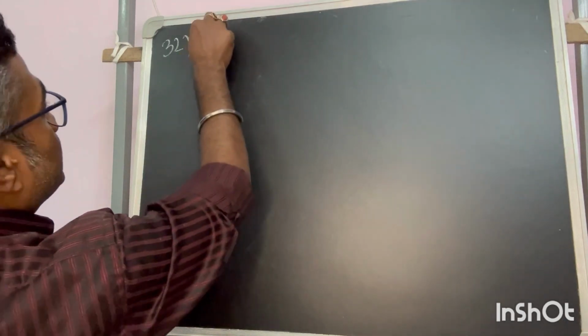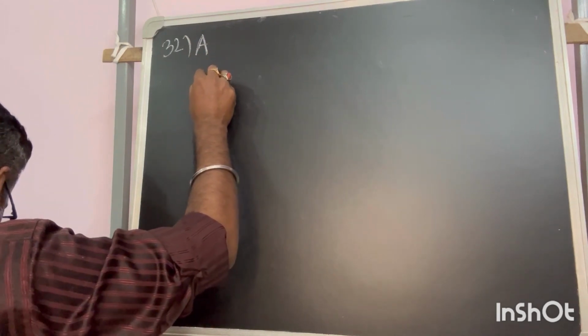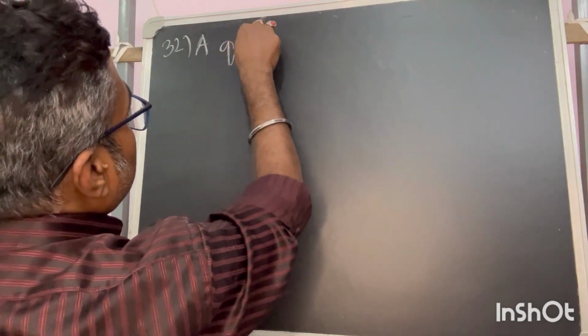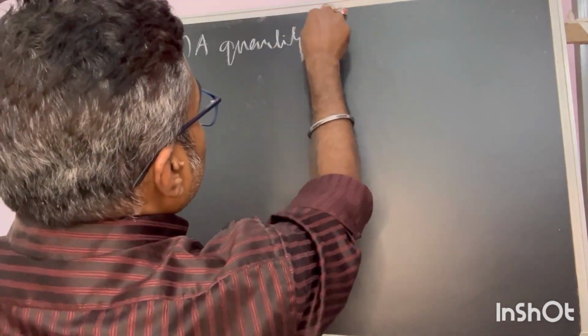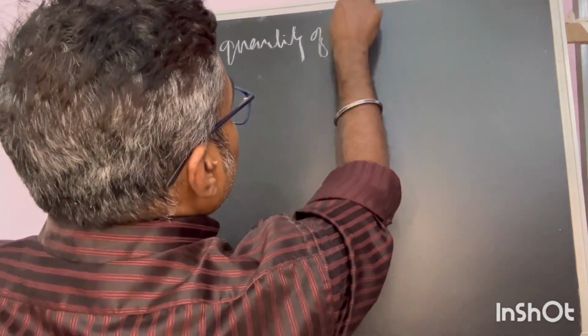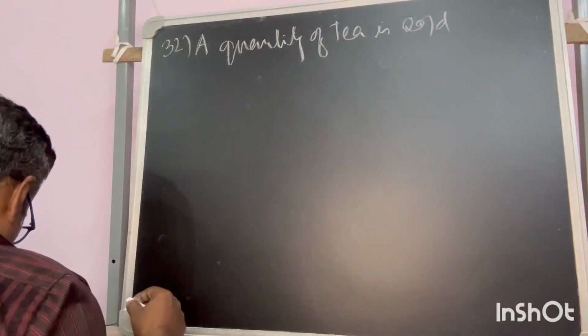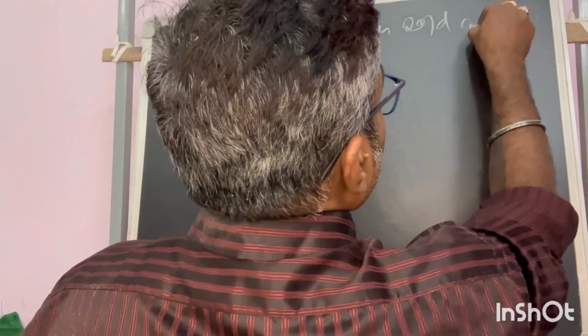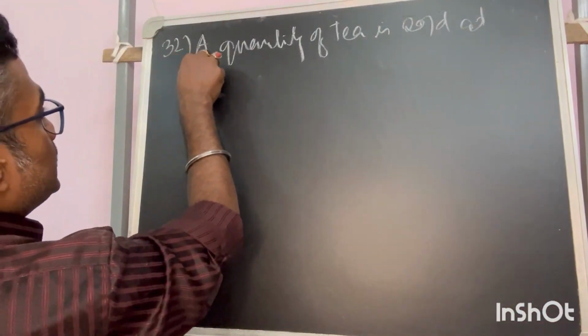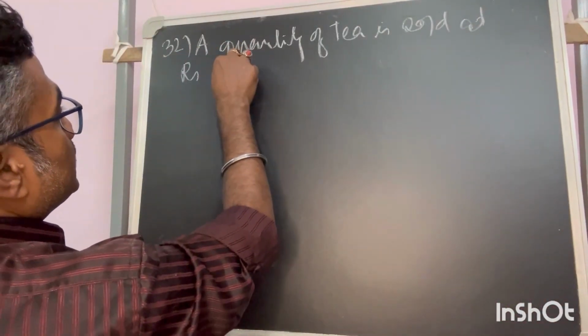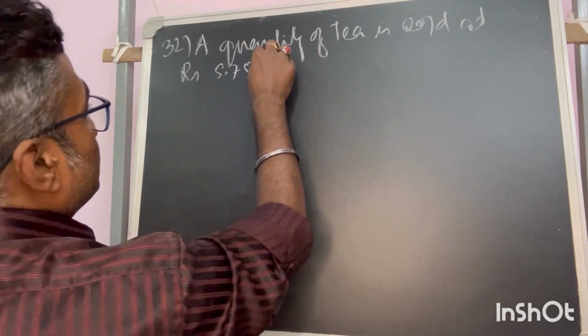The quantity of tea is sold at rupees 5.75 per kilogram.